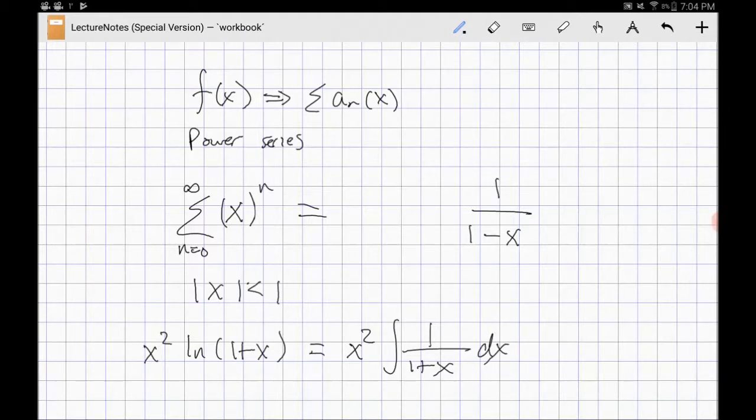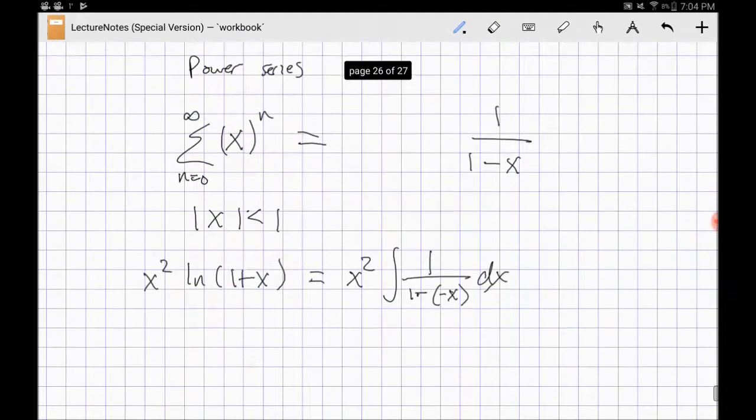And what we know about 1 over 1 plus x is that it's the same thing as writing 1 over 1 minus negative x.